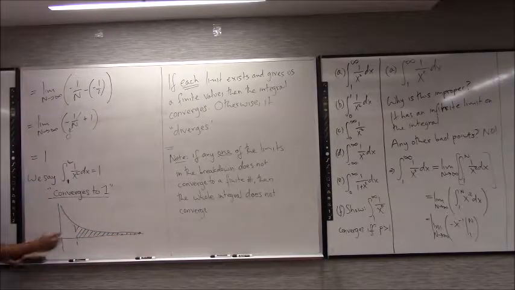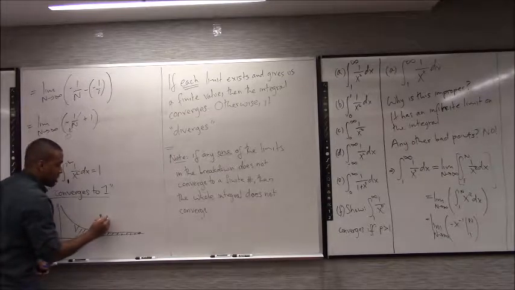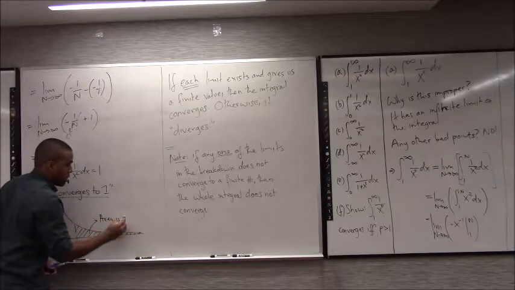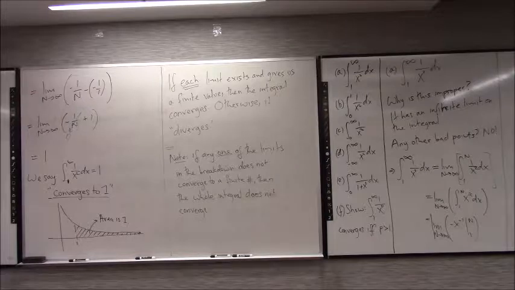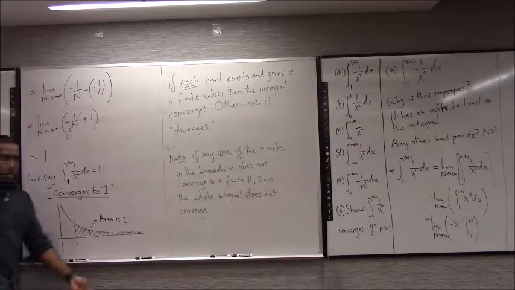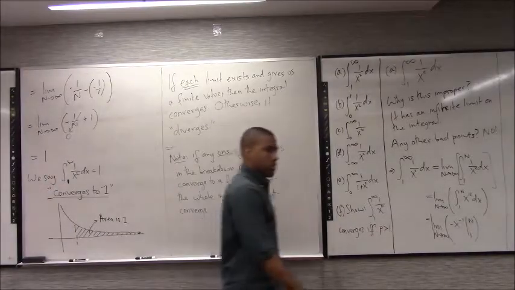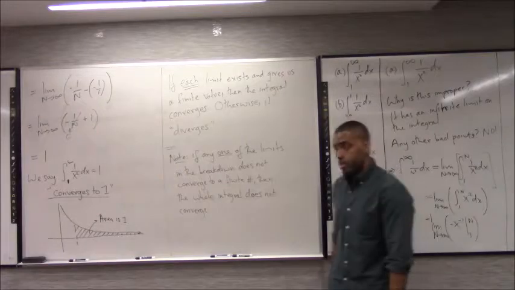And it turns out that the area is 1. Or in other words, the area will approach 1. The more I compute the area, the closer and closer I will get to the number 1. So I just consider the area under the curve to be 1.